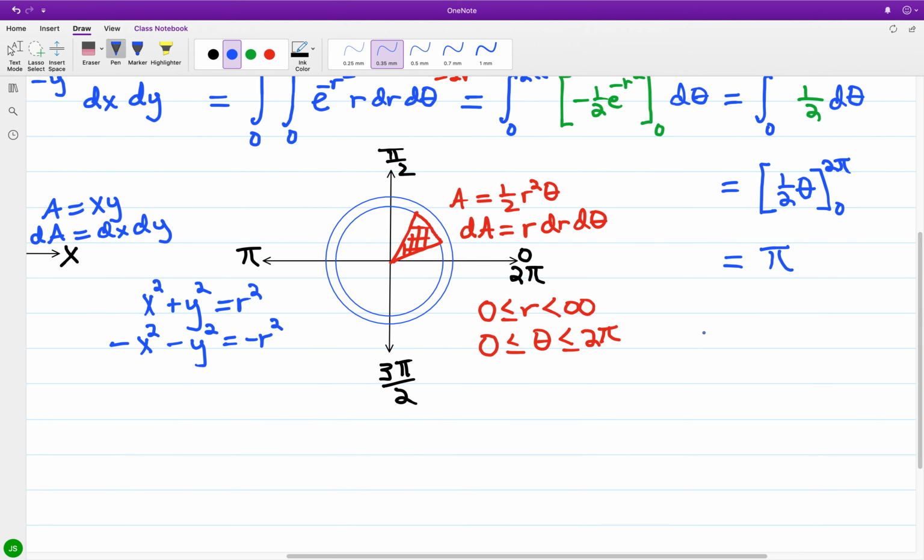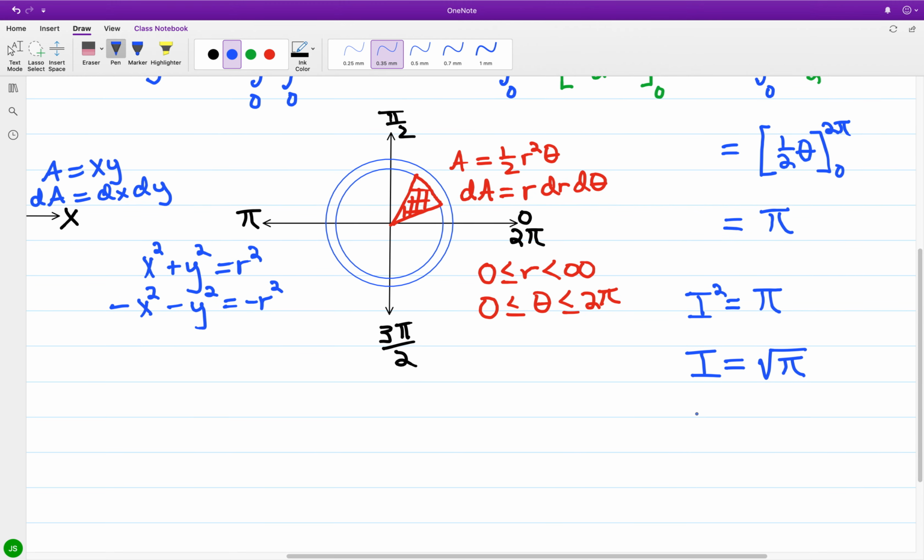So in this particular case, we have I squared is equal to pi. Now again, what we had I to represent, I is equal to the square root of pi. Again, we had I going from negative to positive infinity of e to the negative x squared dx, which is equal to the square root of pi.